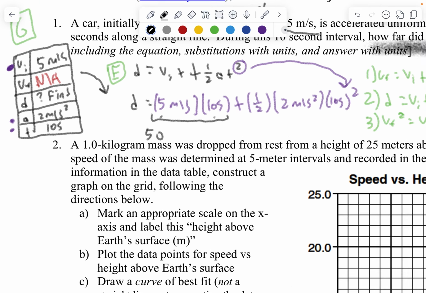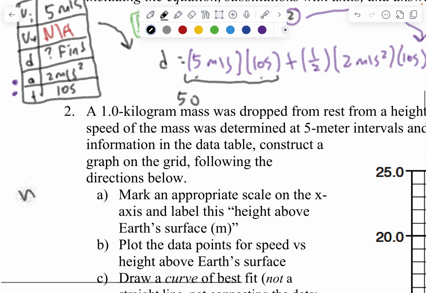So just like we did 5 times 10 is 50, we also need to do what is meters per second times seconds. Now, sometimes it can be a little tricky to see, and I understand when you have it in this format, but let's try to bring it into a slightly different format to make it easier to see. So over here, I'm just going to show you meters per second times seconds.